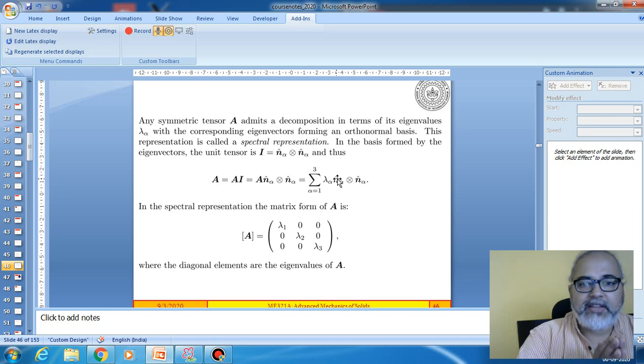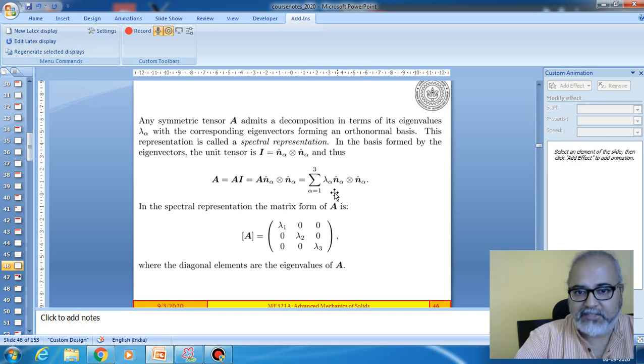In the space that is spanned by its normalized eigenvectors, the dyadics are n1 n1, n1 n2, n1 n3, n2 n1, etc. Out of those, only n1 n1, n2 n2, n3 n3 have non-zero components, and those components are lambda 1, lambda 2, and lambda 3 respectively. All others, like n1 n2 or n1 n3, have zero components, so they are not mentioned here.